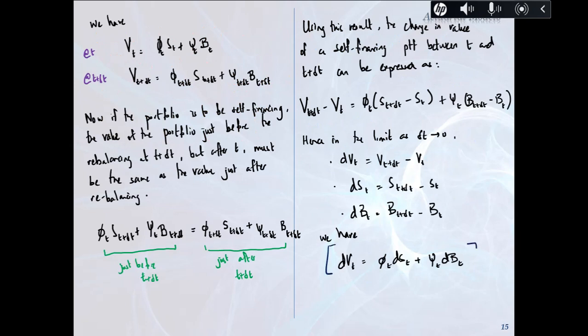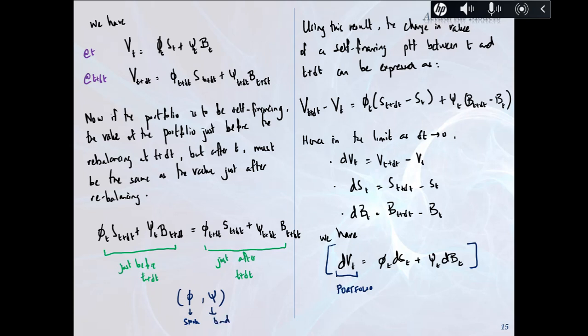When you read what has been written previously, you will see the price change in the portfolio. You will recall that we have a portfolio comprising phi and psi, where phi is the number of units of the stock, and psi is the number of units of the bond.